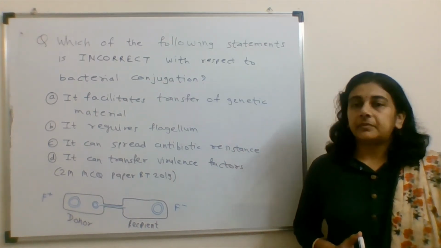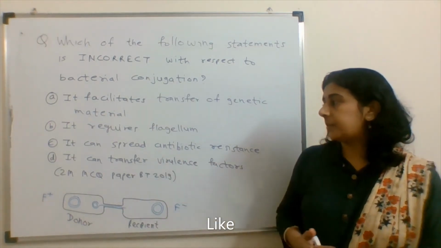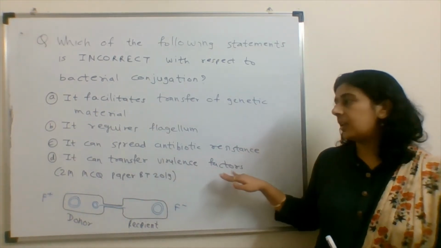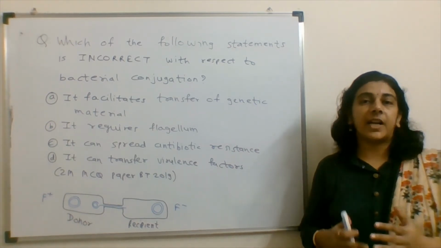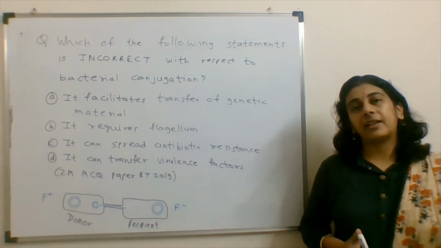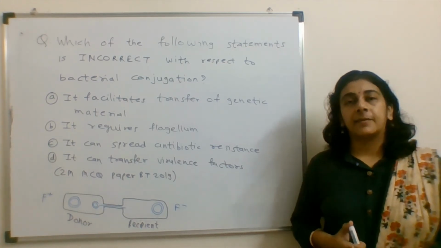Then, thinking about this last statement, it can transfer virulence factors. So what is a virulence factor? That is the factor which is required by the bacteria to cause any infection, to cause any disease.